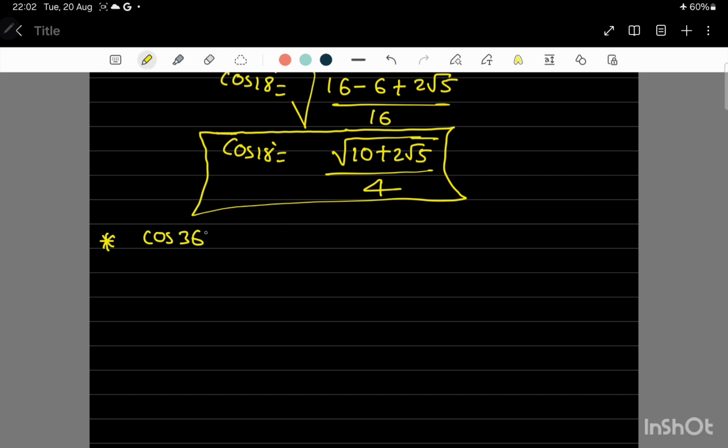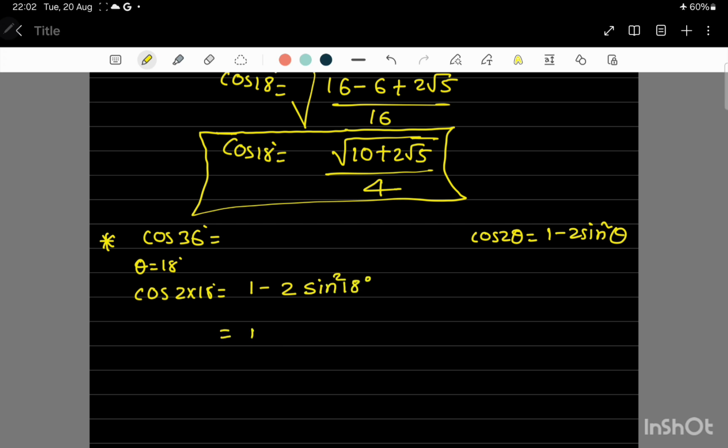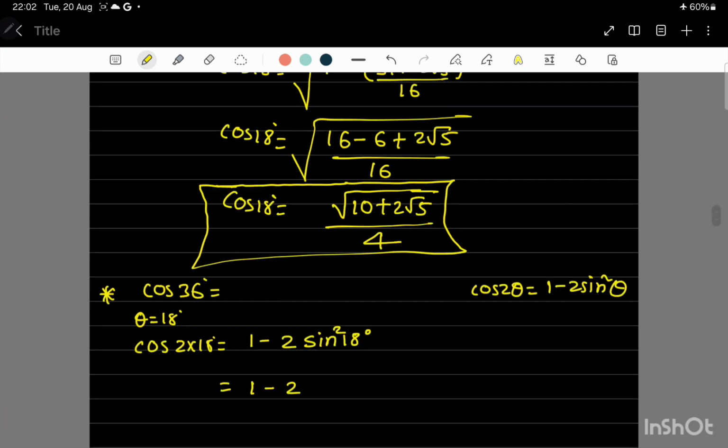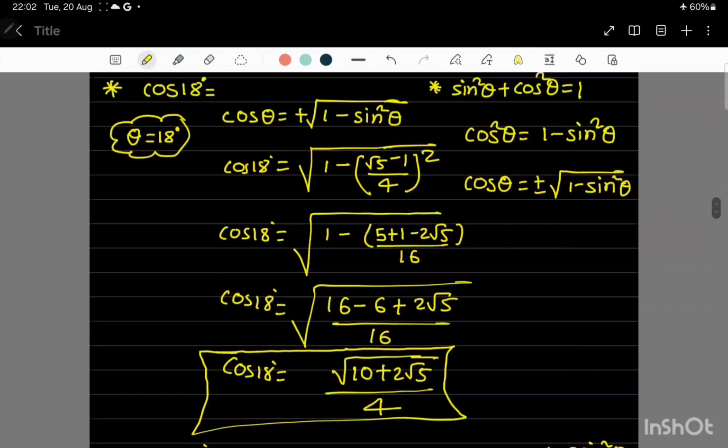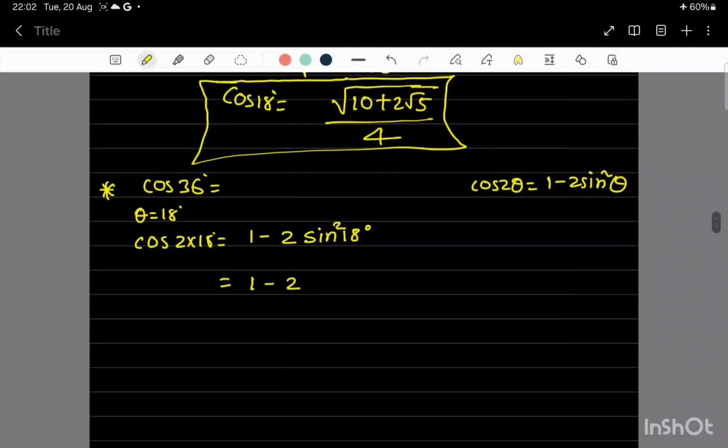Cos 36 degrees is equal to, we know that cos 2 theta is equal to 1 minus 2 sine square theta. So if theta is equal to 18 degrees, cos 2 into 18 degrees is equal to 1 minus 2 sine square 18 degrees. We know the value of sine 18 is (root 5 minus 1) by 4.